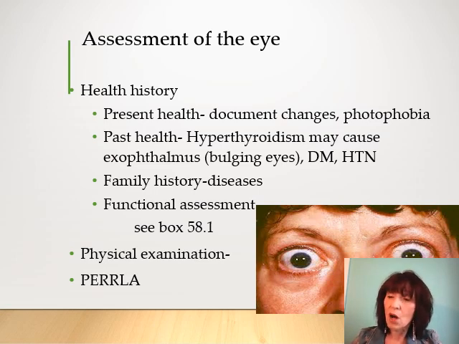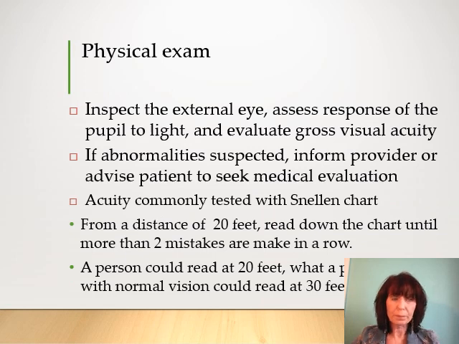So let's go on to, we've talked about family history, we've talked about some functional assessment. So the reason functional assessment is important here, let me go to the next slide. Functional assessment is, are they exposed to anything in their vision?